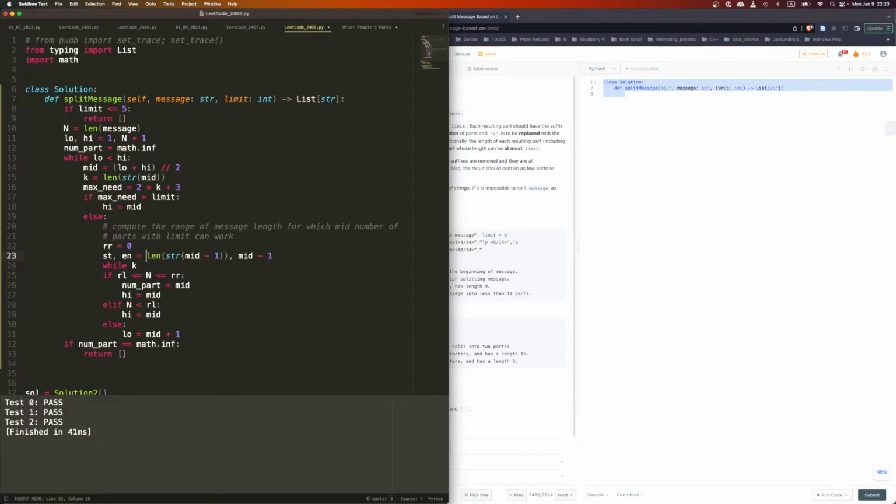And then that's the length. So we say 10 to the power of this length minus 1. That is the starting point that has the same digits. Like say if mid is 100, that would be 99, right? 99 has length 2, minus 1, so it would just be 10.